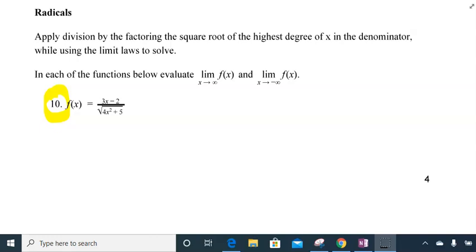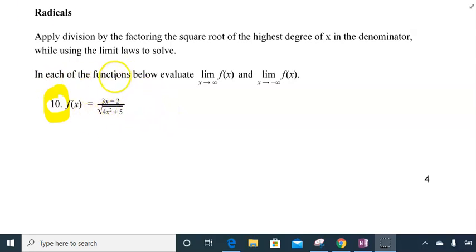Concerning radicals, we apply division by factoring out the square root of the highest degree of x in the denominator while using limit laws to solve. If your square root function is in the numerator, it will be logical to factor out your highest degree wherever the square root function is.